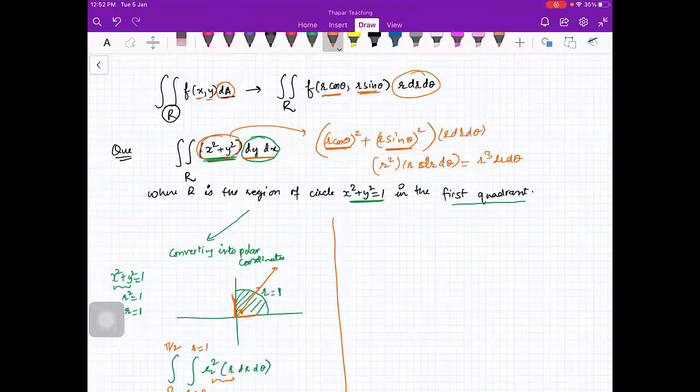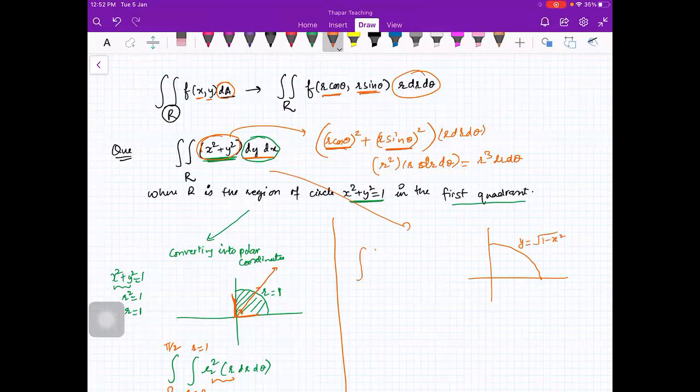Yes, ma'am. Okay. Now if you straight away compute this integral, how will you compute it? Can you tell me? This is your circle, x square plus y square equal to 1, that is y is equal to square root of 1 minus x square.